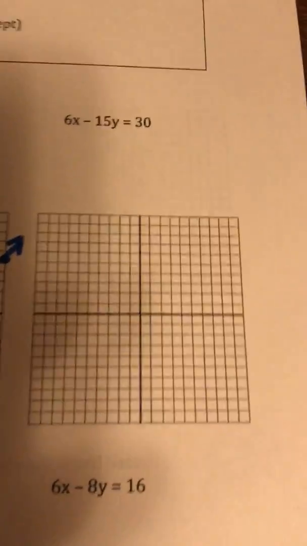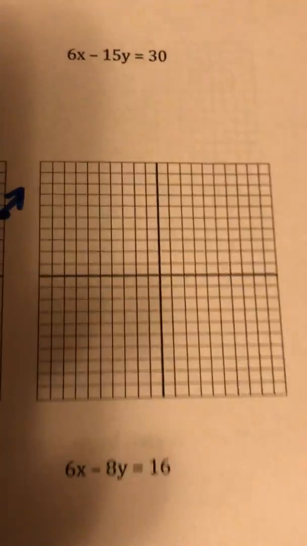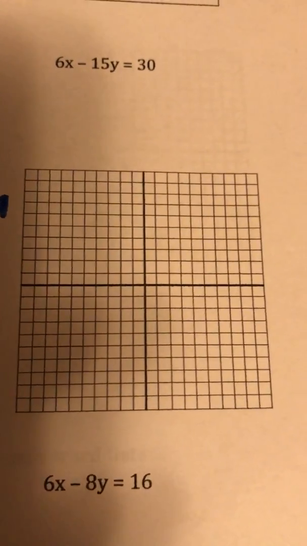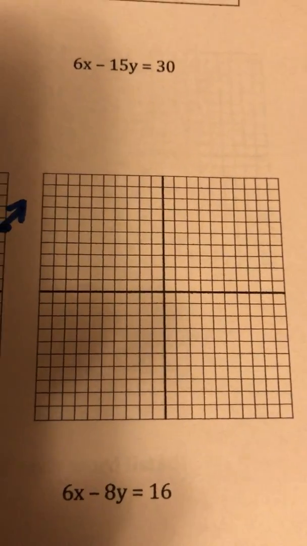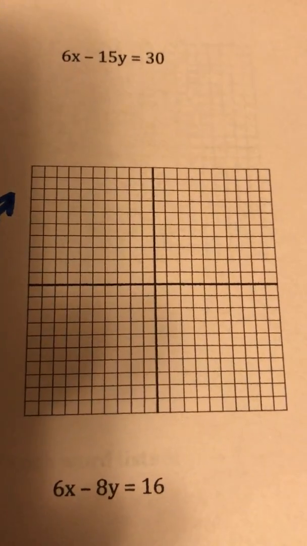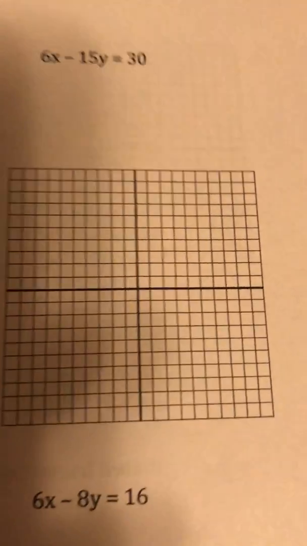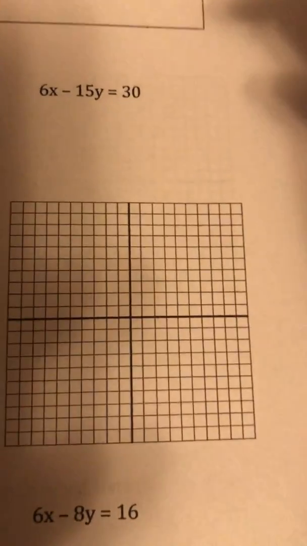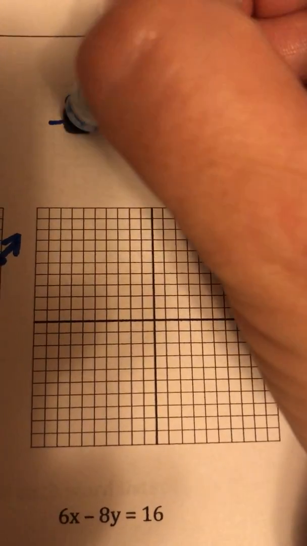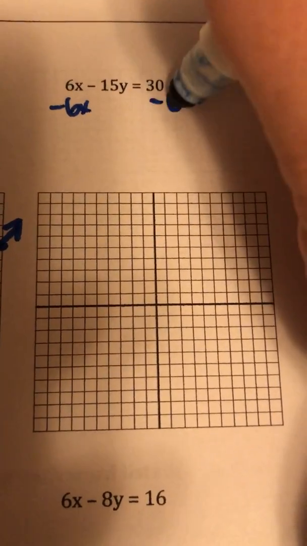All right, there's one more. Now, go ahead and pause the video and see if you can solve for y by yourself, and then play the video and watch. Okay, so on this one, we can subtract 6x.